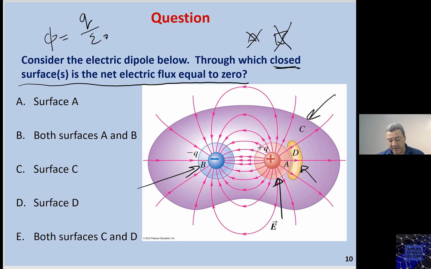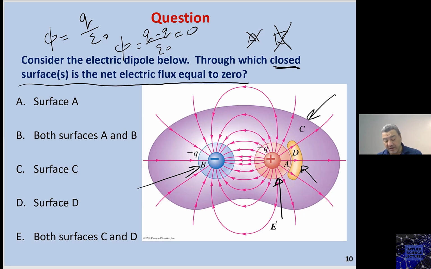I have plus Q and minus Q, so the net for C is zero. So the flux for the closed surface C is zero.